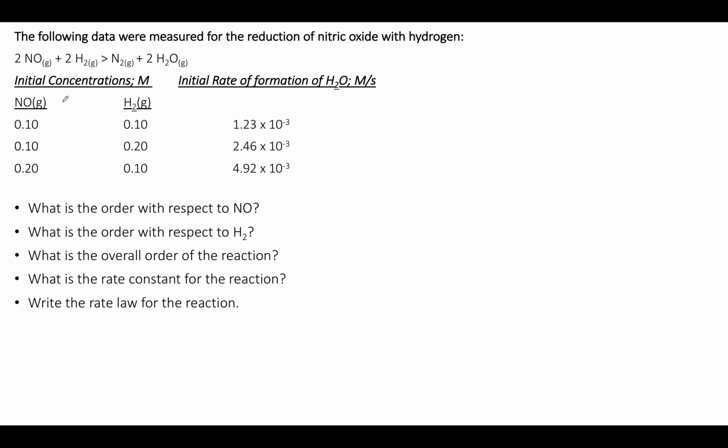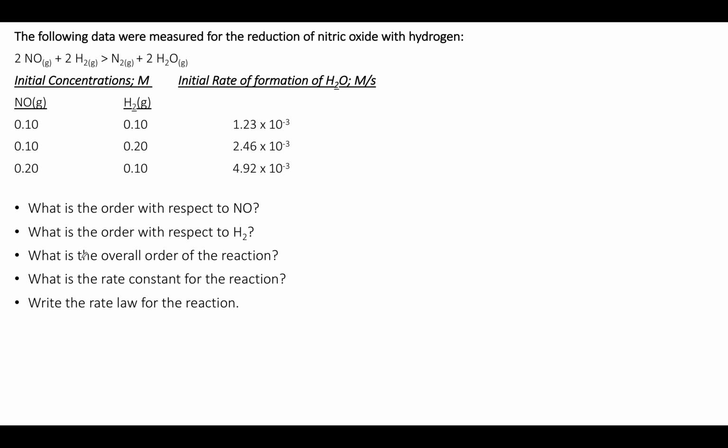I've given you a data table here with the initial concentrations in molar of the nitric oxide and hydrogen gas. I've also given you the rate at which those concentrations form products, in this case the gaseous water.